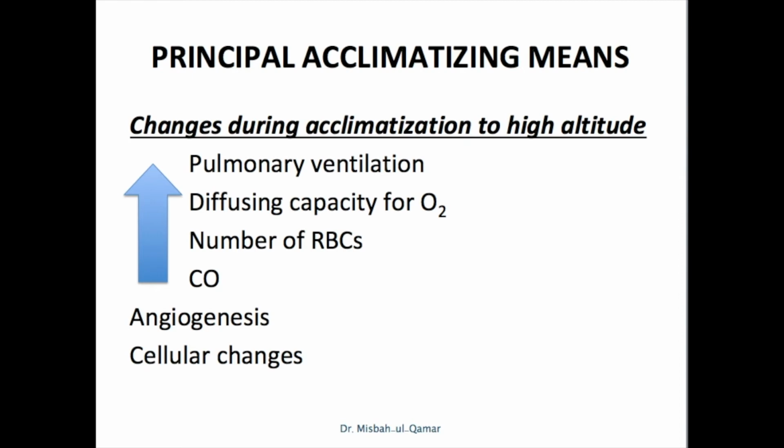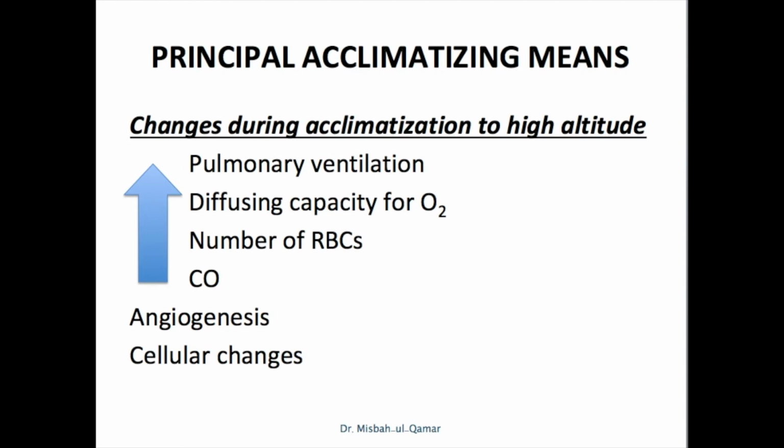Now, let's start with the changes which occur during acclimatization to high altitude. There is greatly increased pulmonary ventilation achieved through arterial chemoreceptors. Then there is an increased number of RBCs. Also, increased diffusing capacity of lungs for oxygen is observed. The angiogenesis results in increased peripheral tissue vascularity.